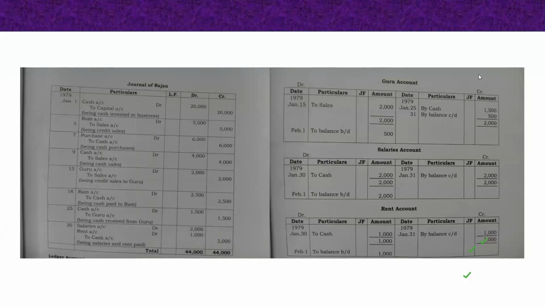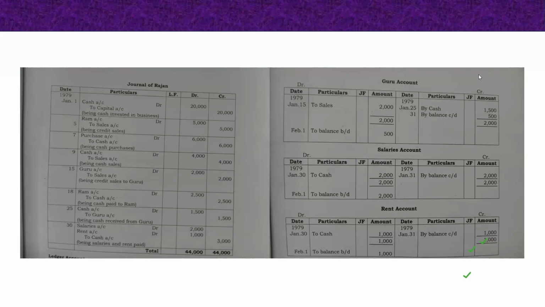After cross checking the answers, we will be seeing how to make entries in the other subsidiary books. You remember we were discussing the subsidiary books, like the purchases book, sales book, purchase returns, sales returns, cash book. Do you remember? I think in my second session I was not discussing with you. There are separate entries you have to make in these different subsidiary books.